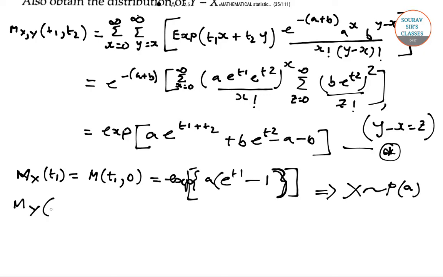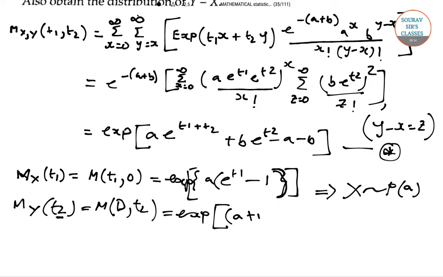Similarly, if we take M(0, t2), it is t2 because we are considering the case for t2, we write e to the power (a plus b)(e^t2 minus 1), which says y tends to Poisson with parameter a plus b. So we can write it this way.